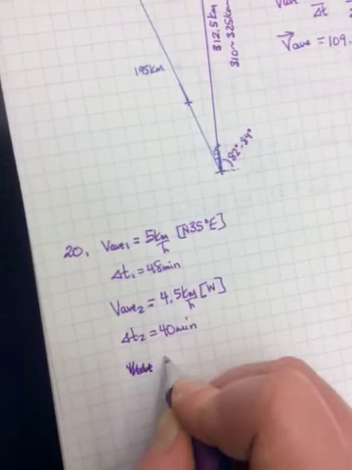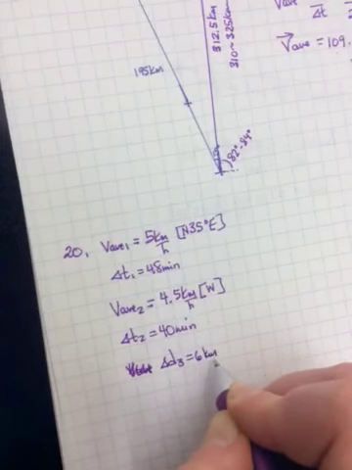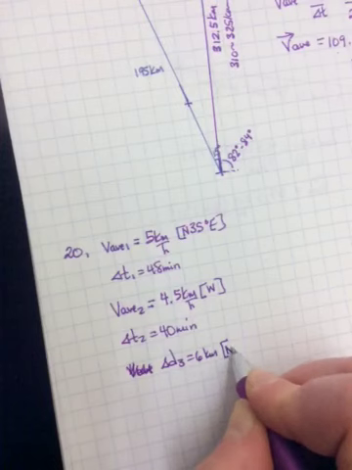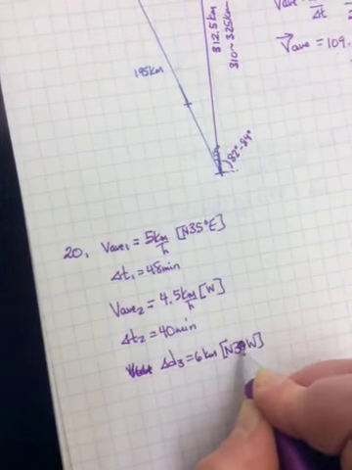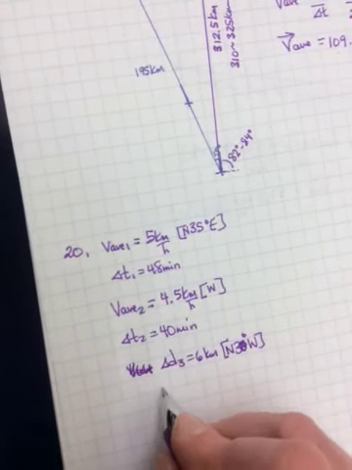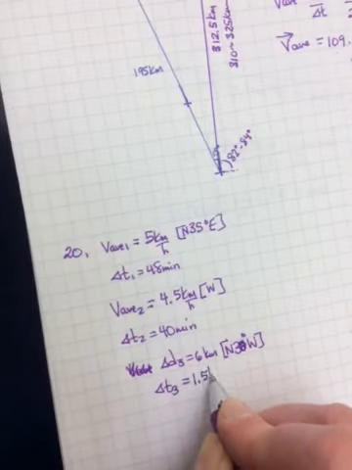So we don't have to find this one. Delta D3 is 6 kilometers, and it is north 30 degrees west. That's really 30 degrees west of north. 1.5 hours, delta T3, 1.5 hours.